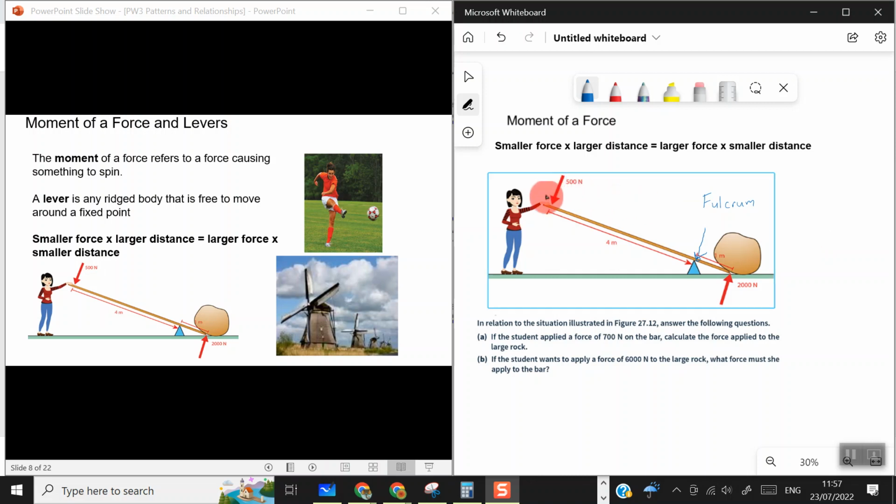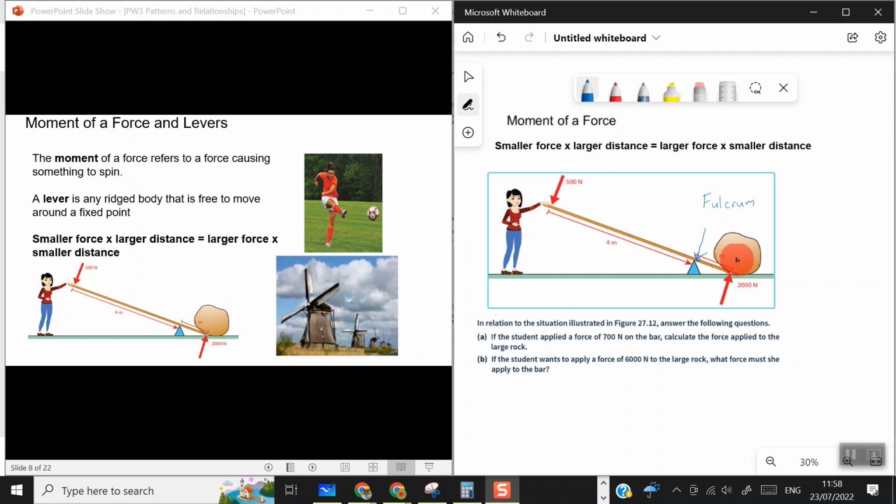In this example, we have this person here, and she applies a small force of 500 newtons, and we can see that that force gets amplified down here at this point to 2000 newtons. So it has increased the force fourfold. What that enables this person to do is move this bigger object. That's essentially what levers do.